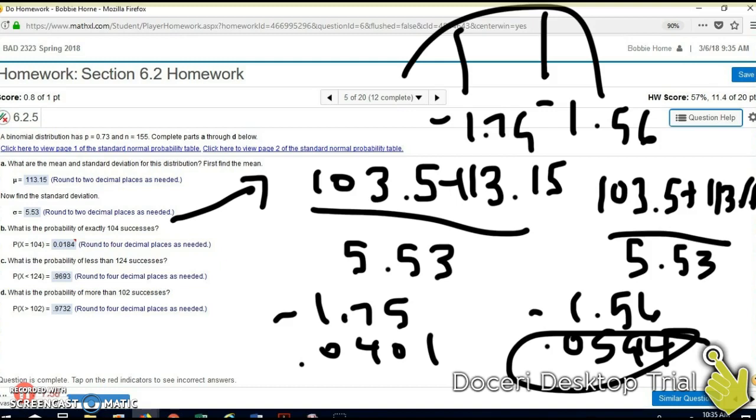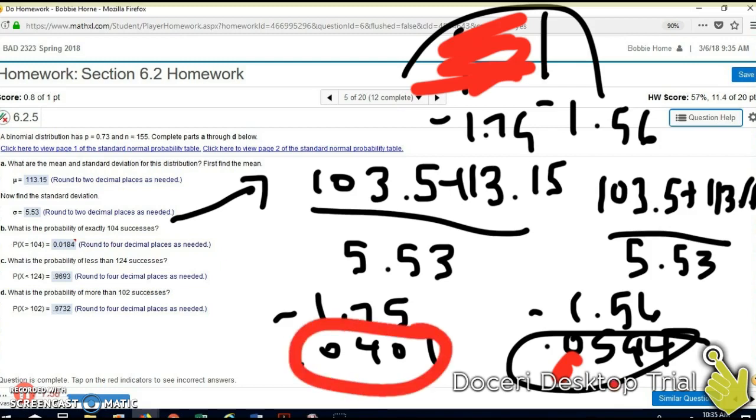Okay, now when I got the area under the top one here, that is from here all the way back. We don't want all of that. We want to subtract out the area under negative 1.75, which is this. So take 0.0594 minus 0.0401.